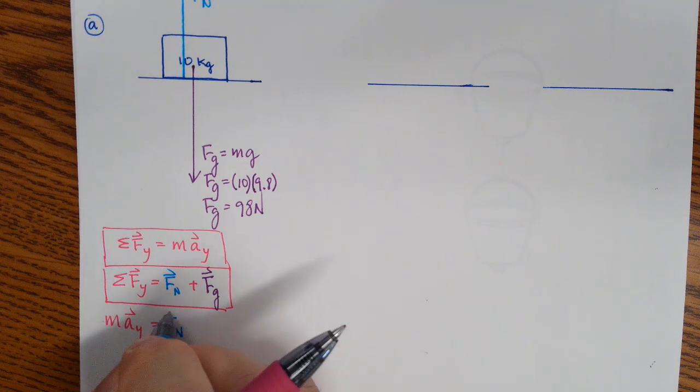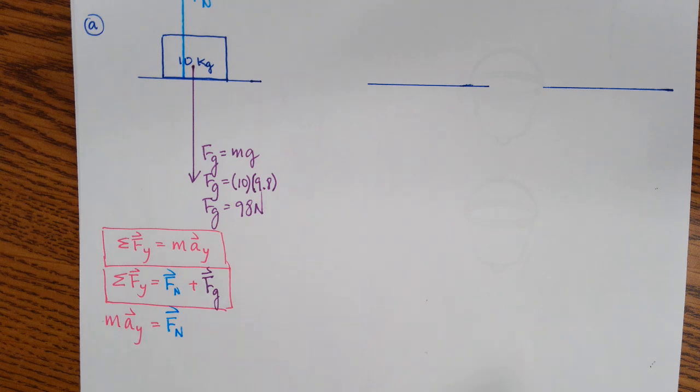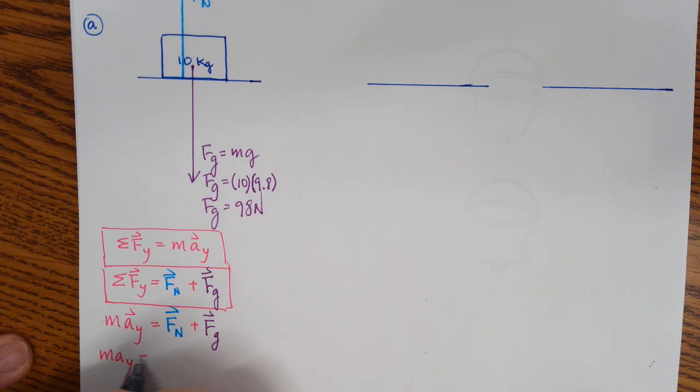I'll take one more step instead of skipping it so you guys don't get confused. Is that good? Now we're going to give direction. So m a_y is equal to F normal positive, Fg negative.